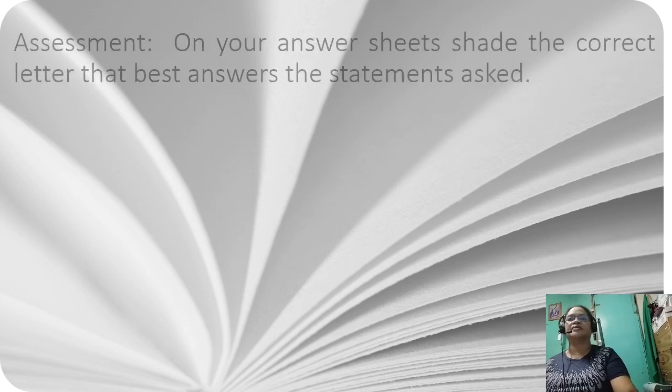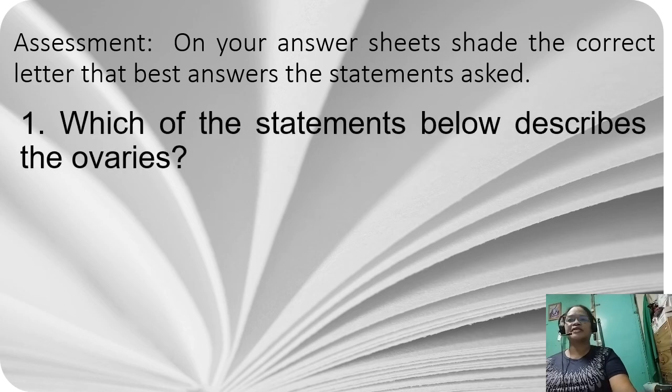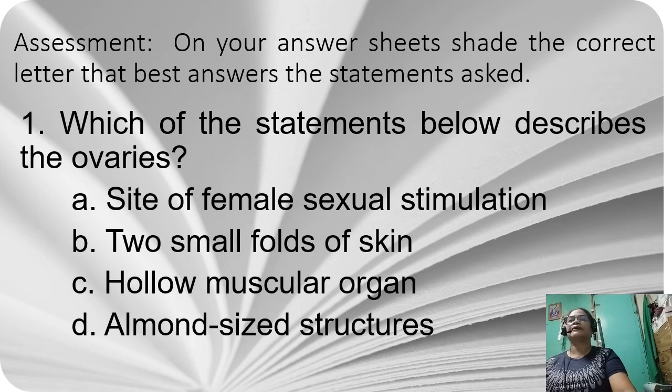We are going to answer our assessment. On your answer sheets, shade the correct answer for each statement. Number 1. Which of the statements below describes the ovary? A. This is the site of female sexual stimulation.